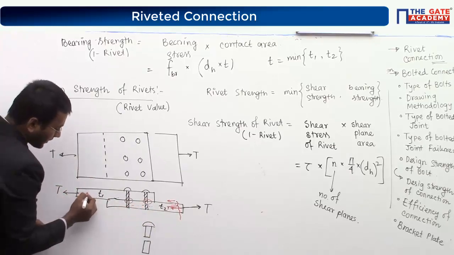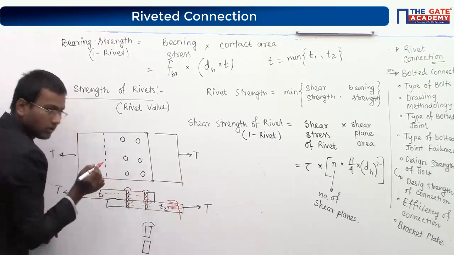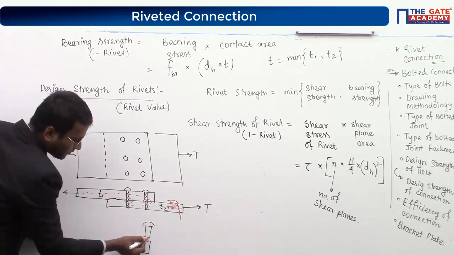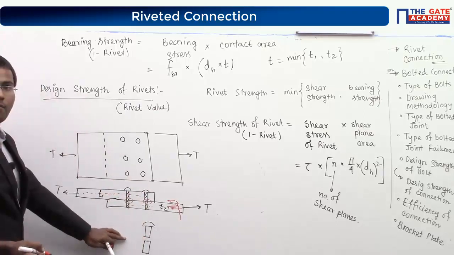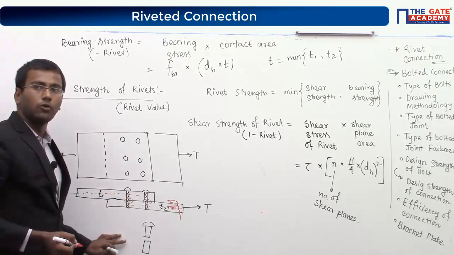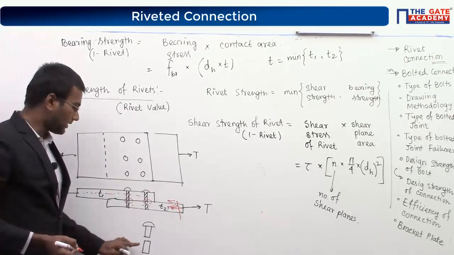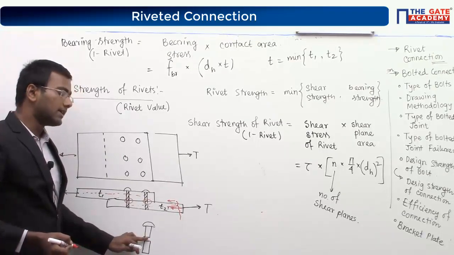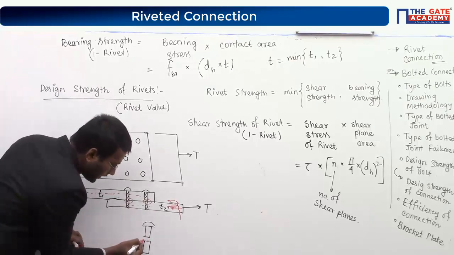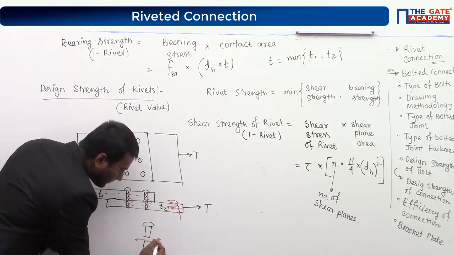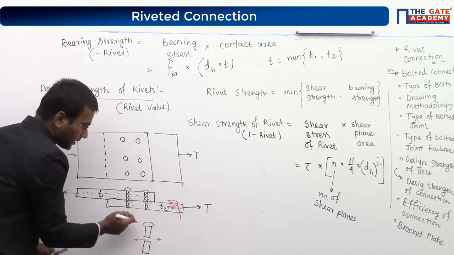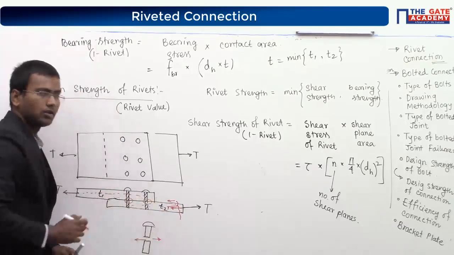Similarly, the line of action will be here only, correct? So at these portions, at this junction of the shear plane, the same amount of force will occur in the opposite direction. For this side opposite, for this side it is opposite, right?